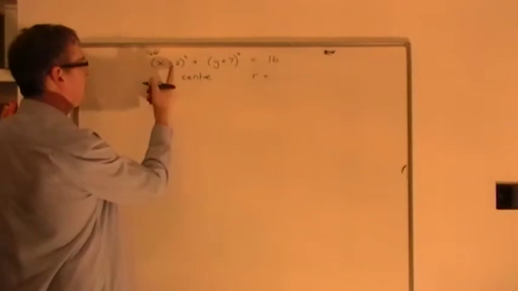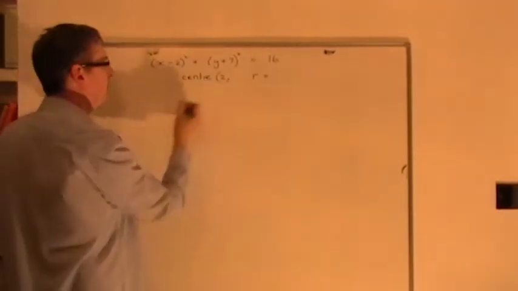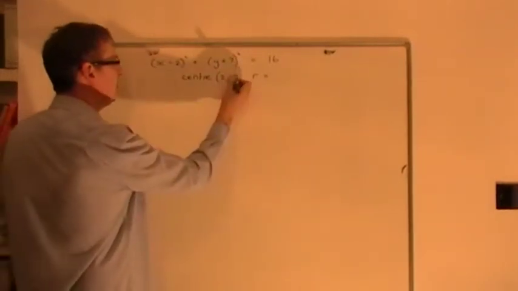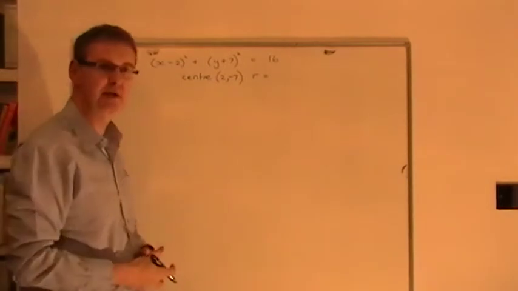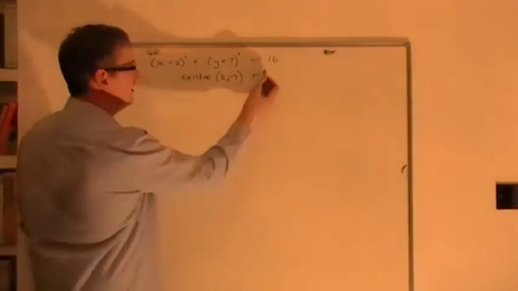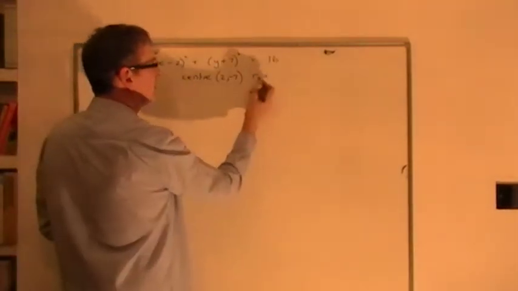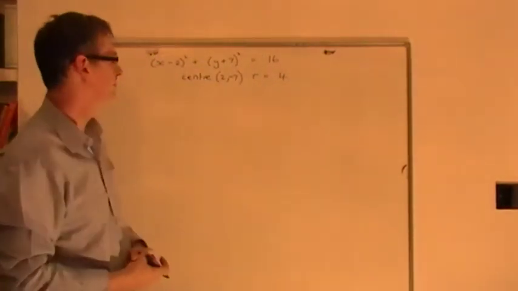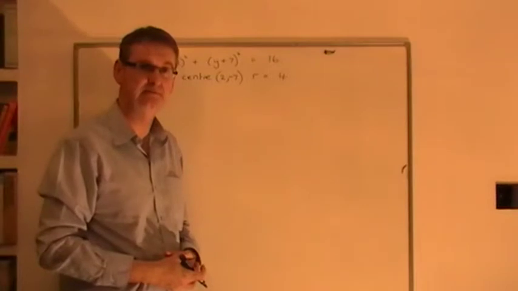The centre will be simply the opposite sign to minus 2, so the x coordinate will be plus 2. Opposite sign to plus 7 will be minus 7. So the centre point is (2, minus 7). If that is 16, then the radius will be the square root of 16, which is 4. And it's as simple as that.